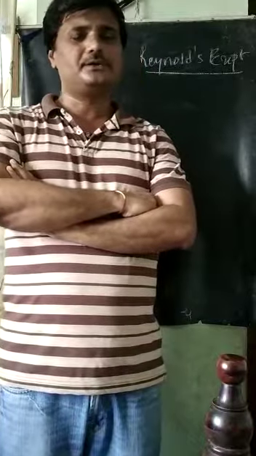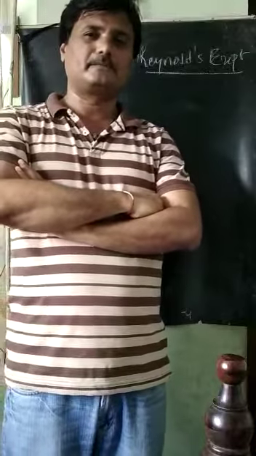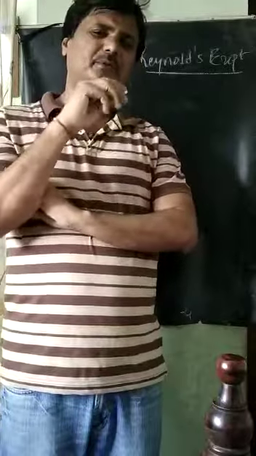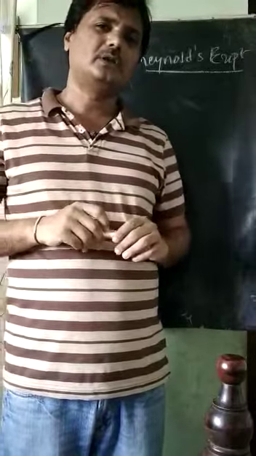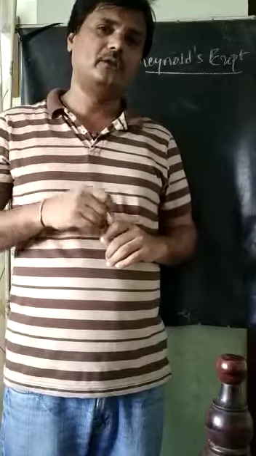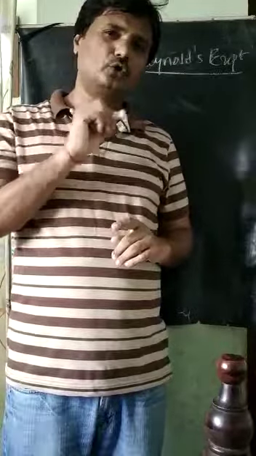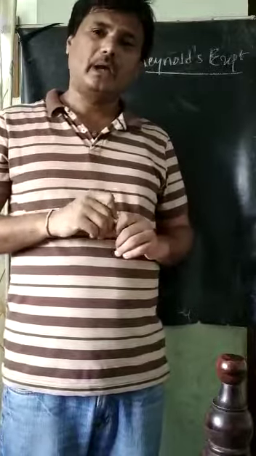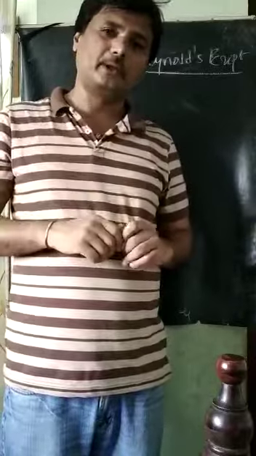Now I will teach one different topic, that is experiments. How some scientists did the experiment to characterize the flow when it is flowing through a tube or a pipe and when it is flowing over a flat plate.